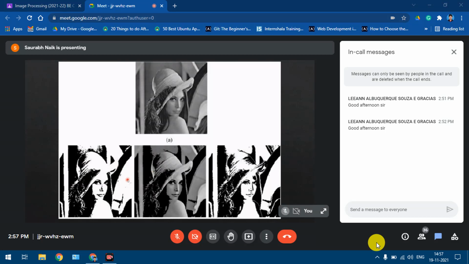Now, a slight variation to this is called semi-thresholding, wherein whichever pixels have intensity greater than the threshold value, we don't just set them as white, we retain those pixel intensities. Anything less than the threshold, we set those pixels as 0. Okay, that is the only difference between thresholding and semi-thresholding.